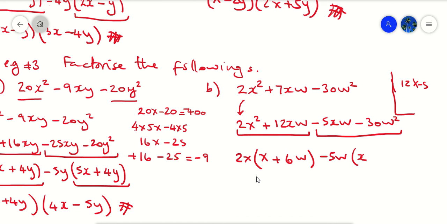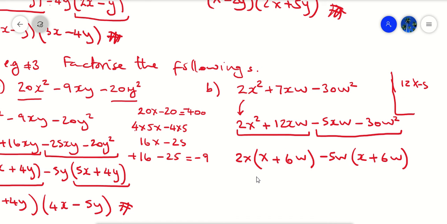I've got minus 30w squared, but for me to get minus 30, I will need to have a positive sign inside the bracket, because minus times positive will give me negative, and then if I pull 5w outside, I'll be left with 6w.